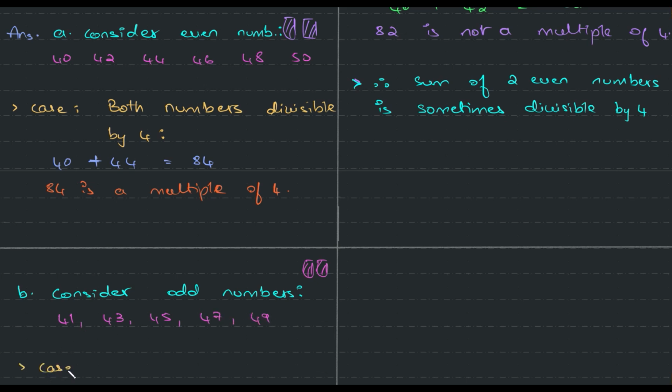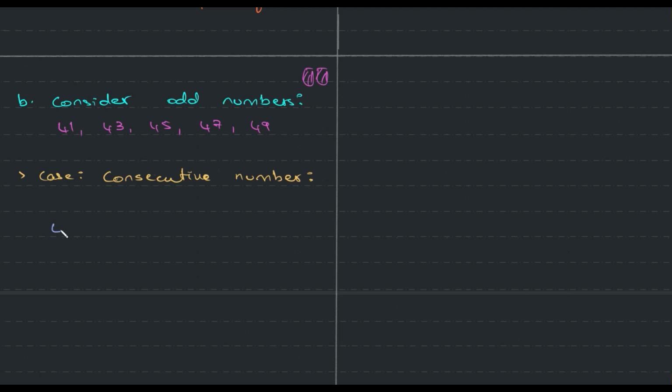Now consider a case. Let's consider how you can vary. We can consider consecutive numbers. Consecutive means, guys, next to each other. So in this case, for example, 41 plus 43 will give me 84. 84 is a multiple of 4.